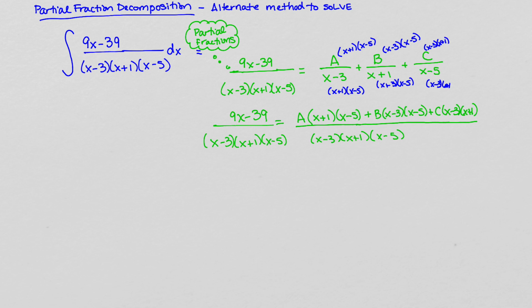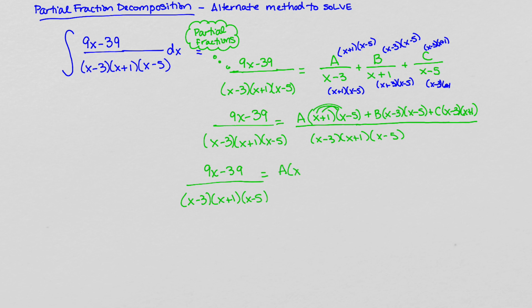Now notice, this is long. This is 3 fractions we have to add up. So now what do we do? Well, normally we would go ahead and multiply through right here and we would FOIL. And so after that foiling step, we would get 9x minus 39 over x minus 3 times x plus 1 times x minus 5. And then we would FOIL this out.